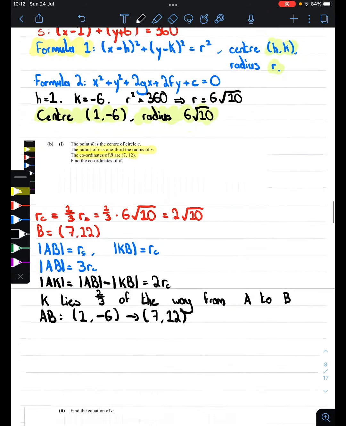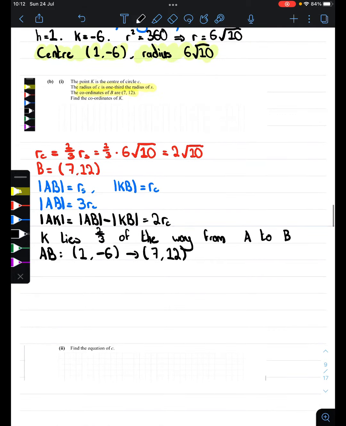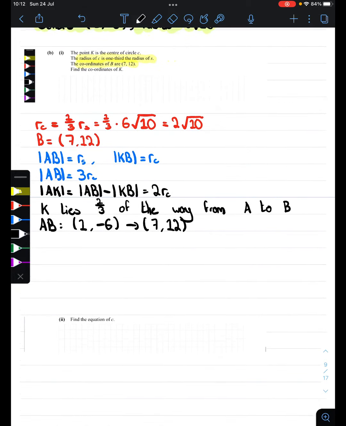So in the x direction, along the x-axis, it travels 7 minus 1, 6 units in the x direction, and it travels 12 minus (-6), 18 units in the y direction.